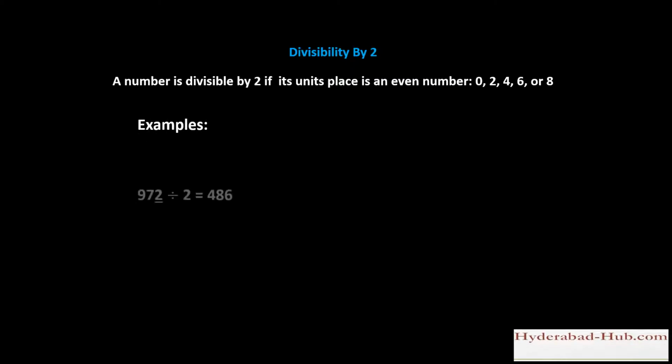972 is divisible by 2 because this number has an even number 2 on its units place.